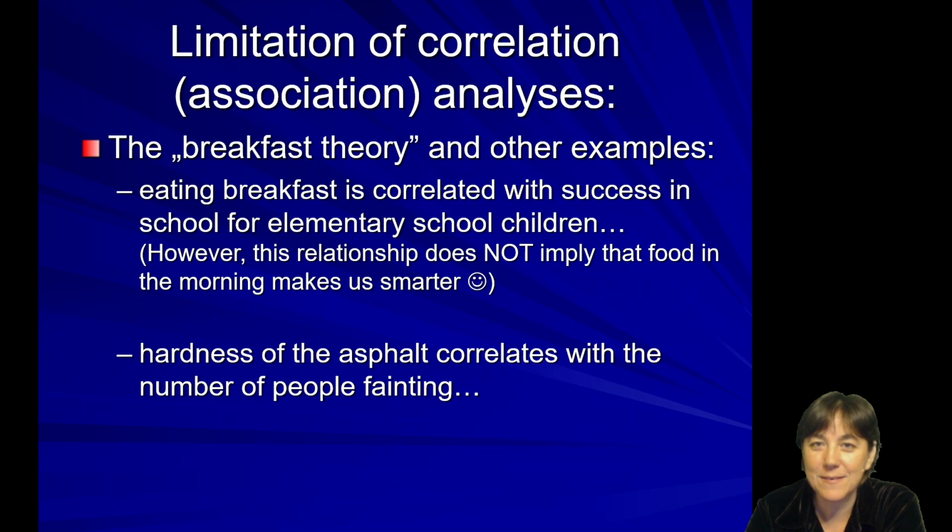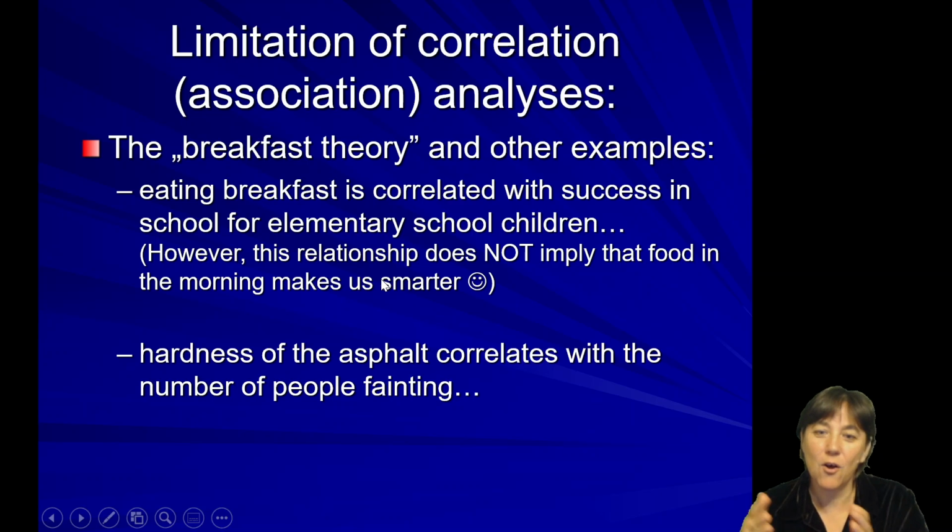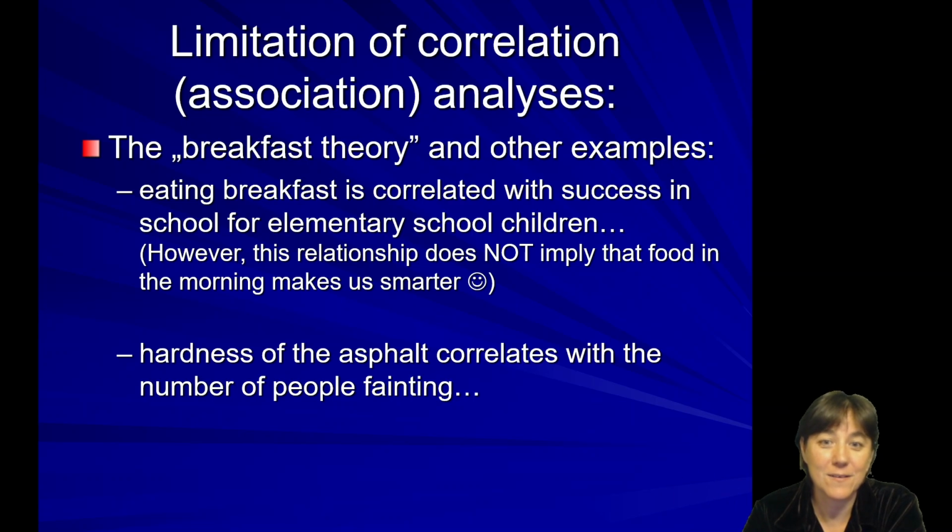Eating breakfast in general is correlated with success of elementary school children, not because they eat breakfast, but because probably there's a background variable, a good family background, or parents who look after their breakfast and their homework. So basically it's not the breakfast causing the school success, it's a third variable in the background.